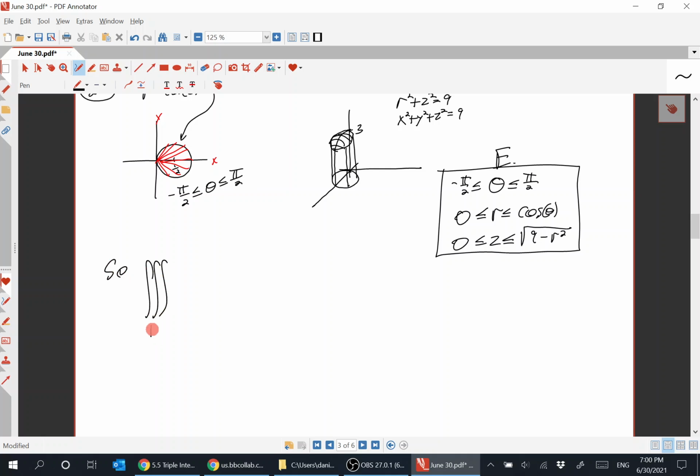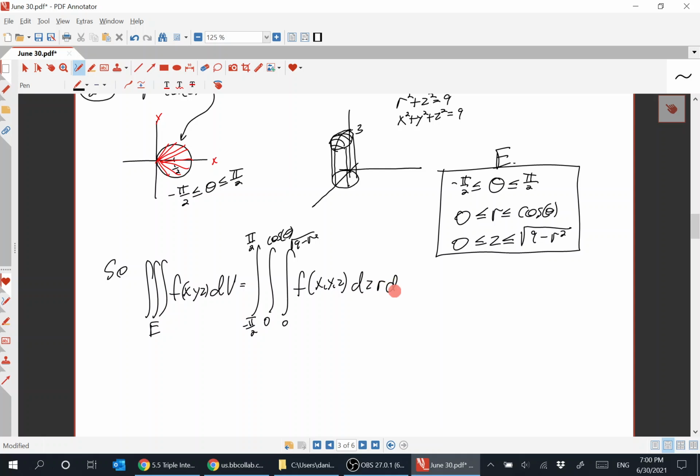So the triple integral over E of f of x, y, z dv is the triple iterated integral: 0 to square root of 9 minus r squared, 0 to cosine of theta, and then minus pi over 2 to pi over 2, of f of x, y, z, or f of r cosine theta, r sine theta, z if you want, dz, r, dr, d theta.